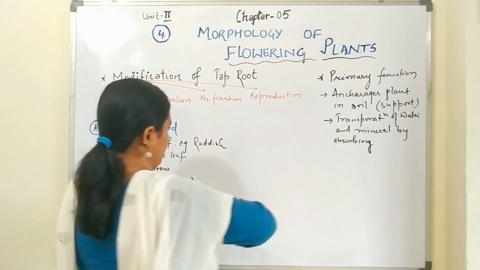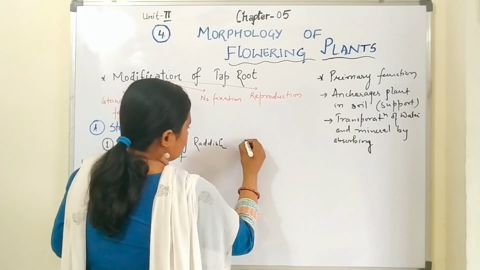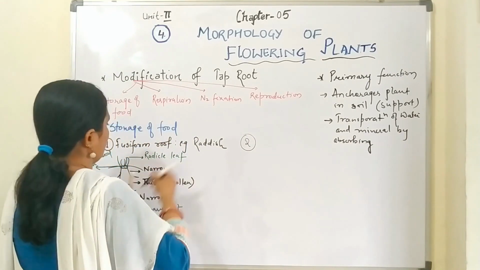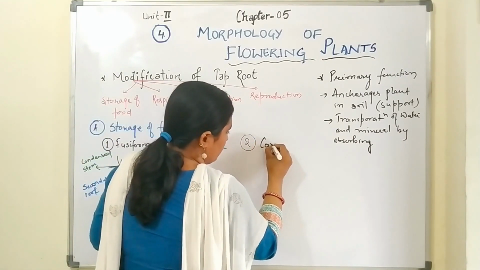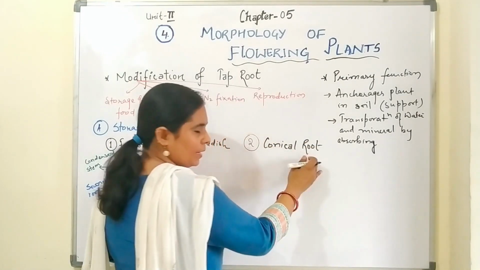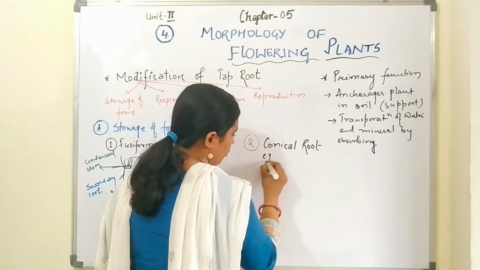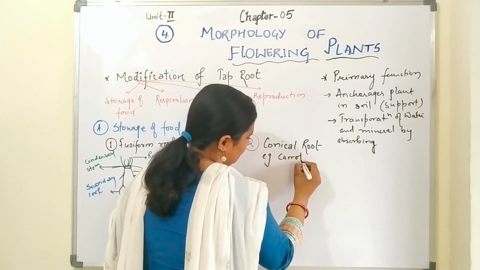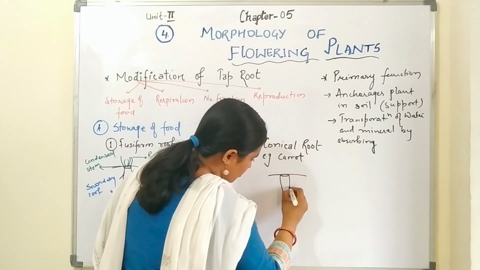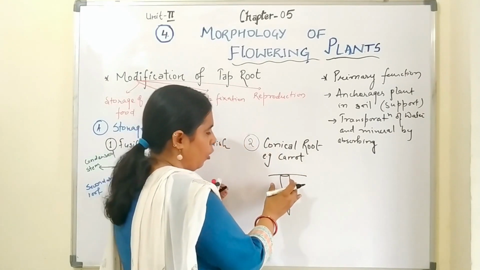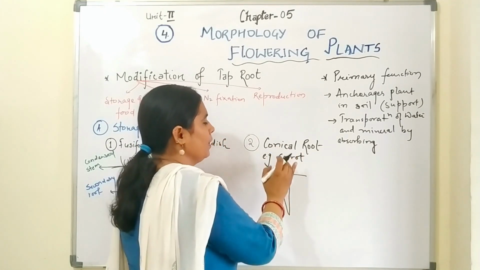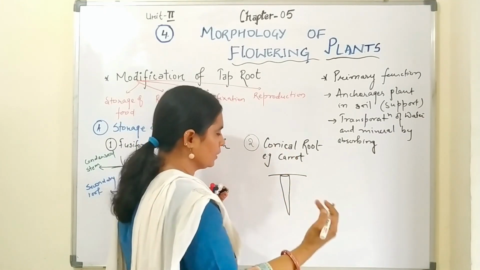The next one is the conical root. The second one is conical root, and the example of it is carrot. Now, understand this. By seeing this structure, you will observe that the structure is conical in shape. That is why we call it the conical root.